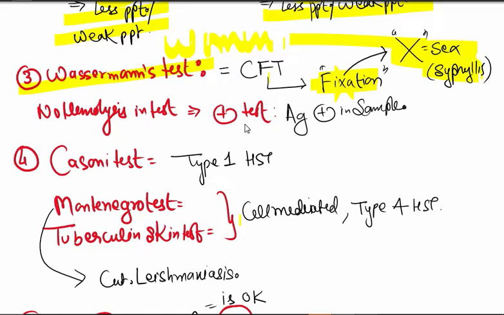So syphilis, I am thinking about syphilis. Fixation also has an X. So complement fixation test. So the Wassermann test is a complement fixation test that is used for syphilis. One of the results is that if no hemolysis is seen in the test, then that is positive, meaning antibody is present inside the sample.